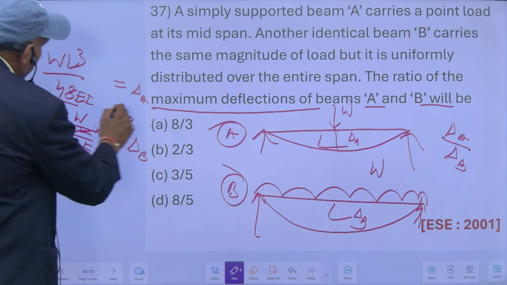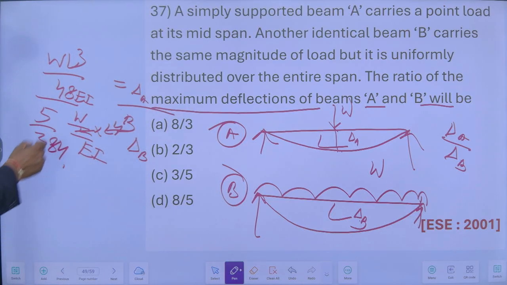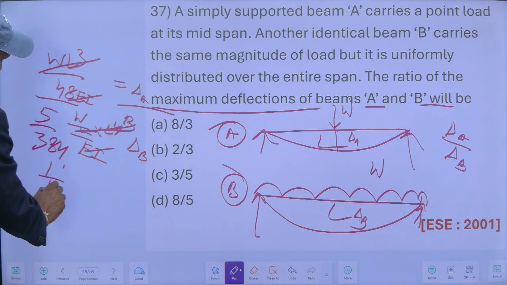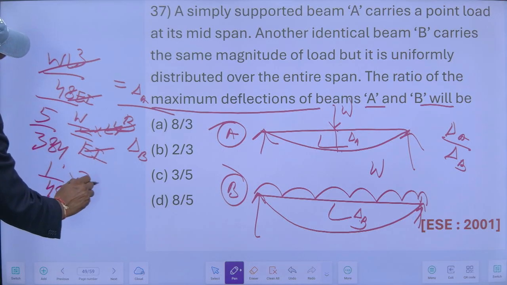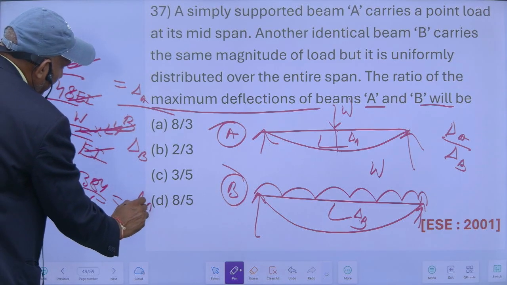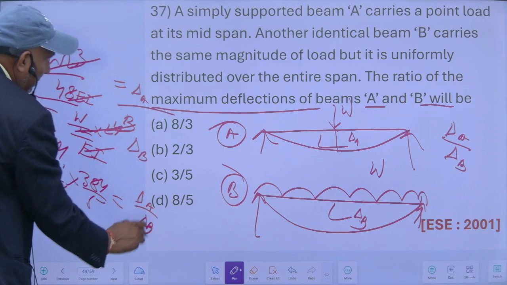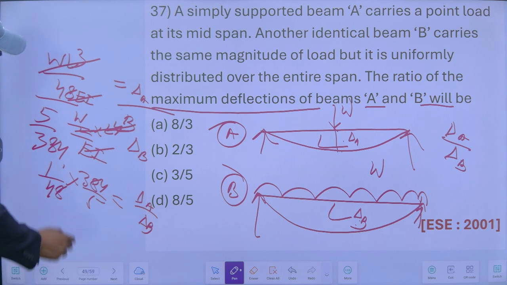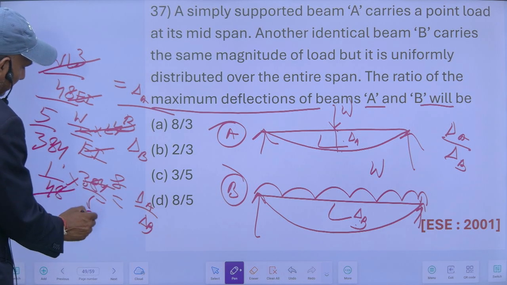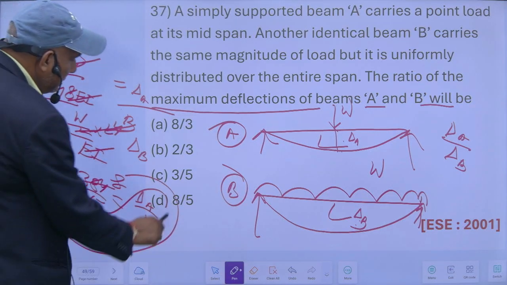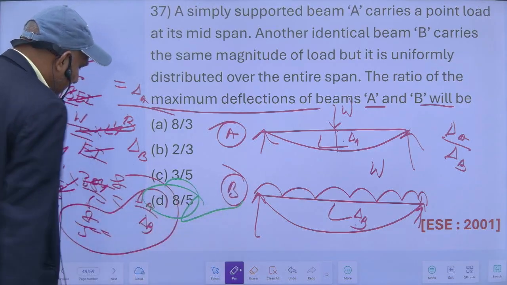If I divide both, then this WL cube will go, EI will go, so 1 upon 48 into 384 upon 5 is equal to delta A upon delta B, the ratio of the maximum deflection, and this will be 8 upon 5. So 8 upon 5 is the right answer.